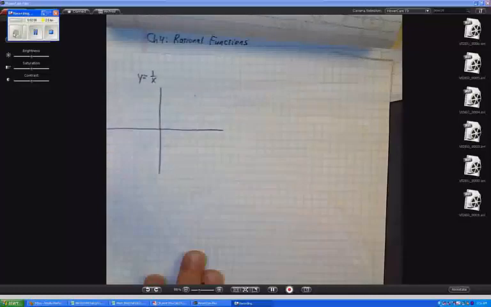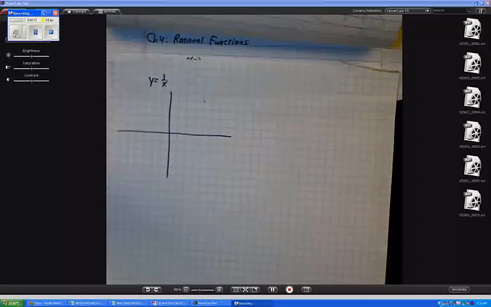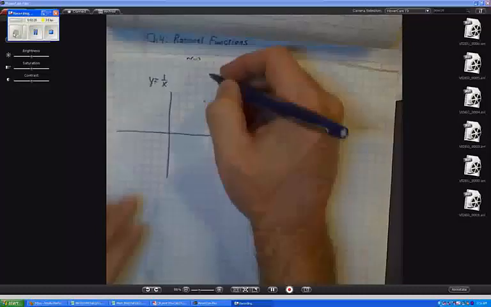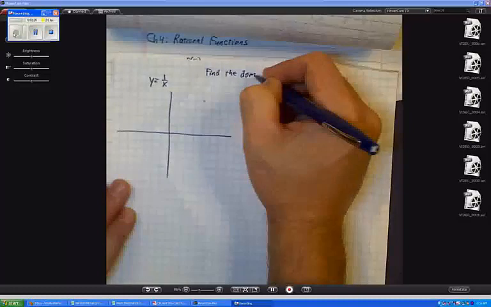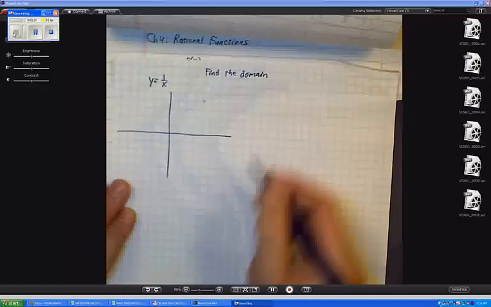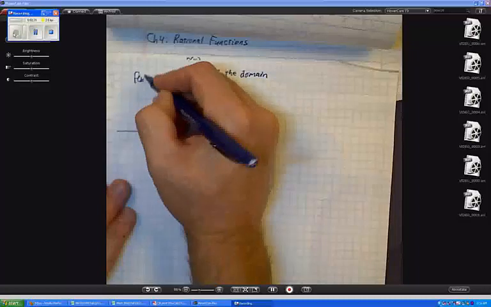By the way, when we do the homework for Chapter 4, Section 1, the first thing they're going to ask me to do is something we've done before. Find the domain. Actually, let me call it f of x. f of x is 1 over x. So I'll say find the domain.